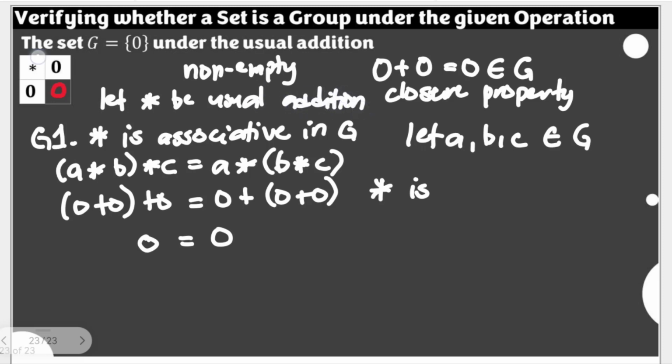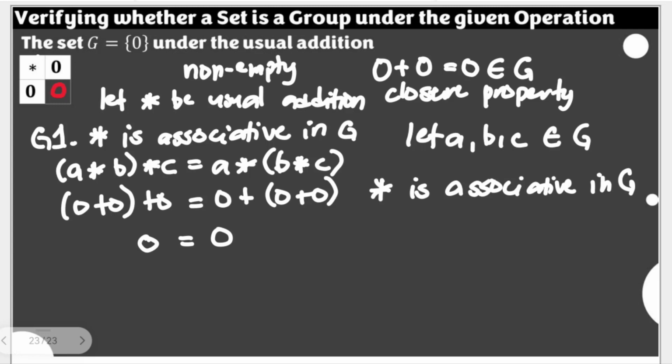Nevertheless, G1, star is associative in G. Therefore, G1 is satisfied.